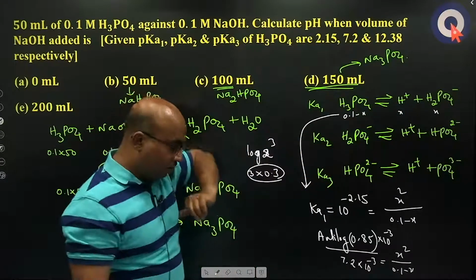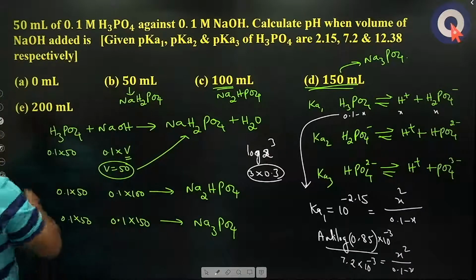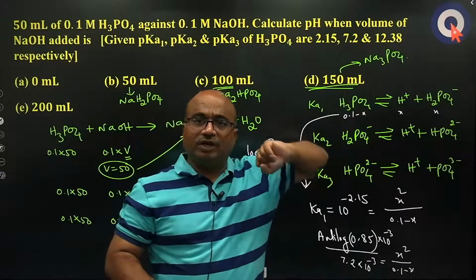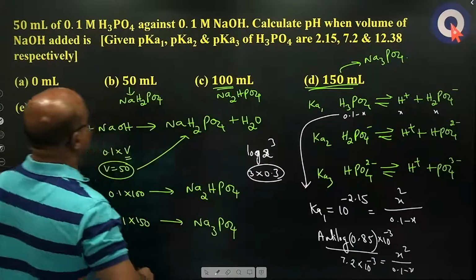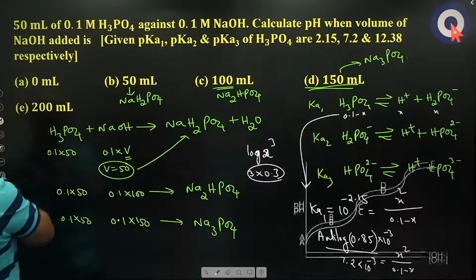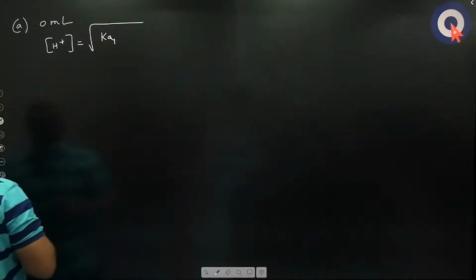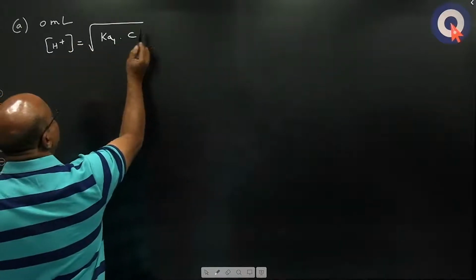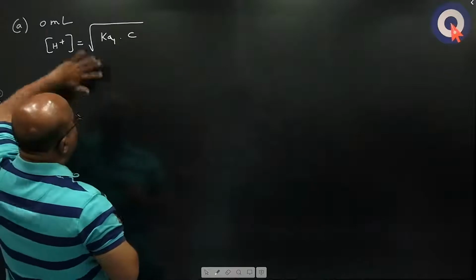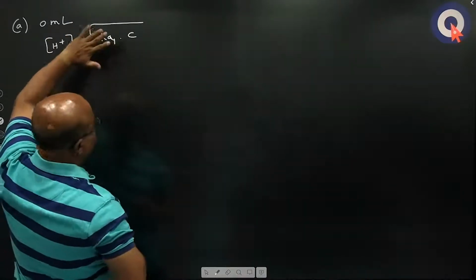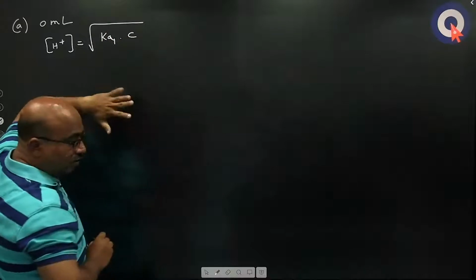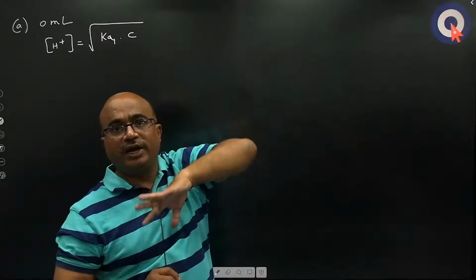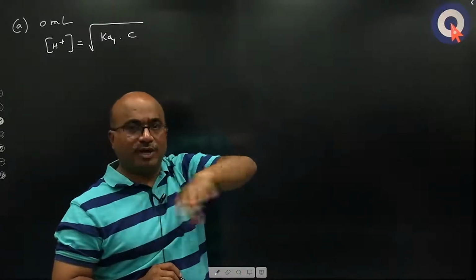Clear? Otherwise, if the initial values are low, you can say the initial pH will be like this, you can determine. So what is the initial pH that you can determine? This we'll see in the graph later. It's Ka1 into C. Maybe you will get an approximated value, but not exact, because in this case, when the K values are not so low, you can't neglect 0.1 minus x as 0.1.